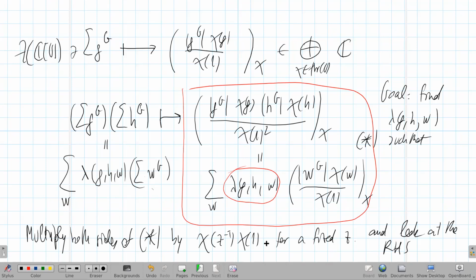You'll see that chi 1 will simplify for this chi 1, and this will survive. But what we'll do is we then sum over chi in the irreducible characters of G.